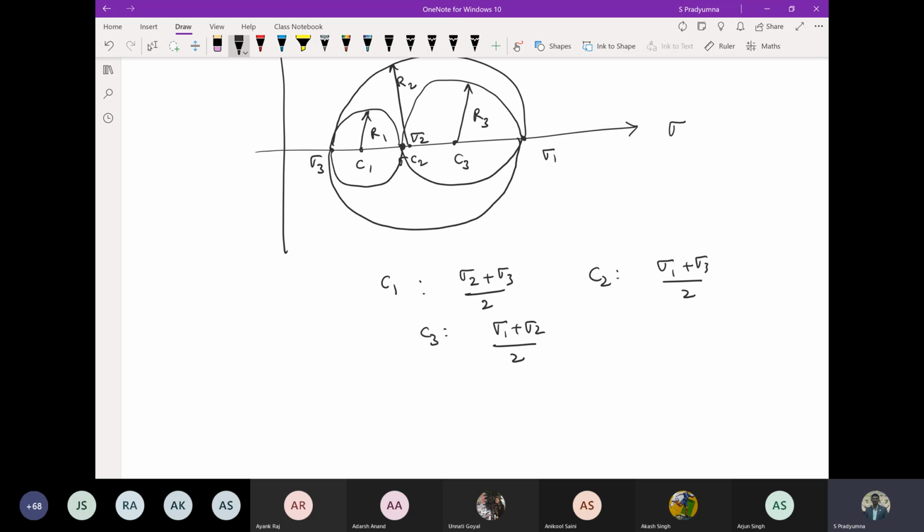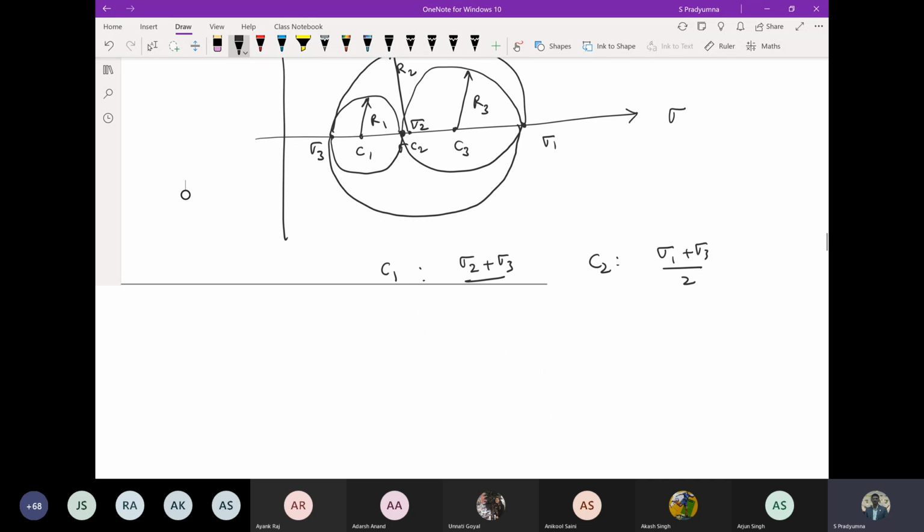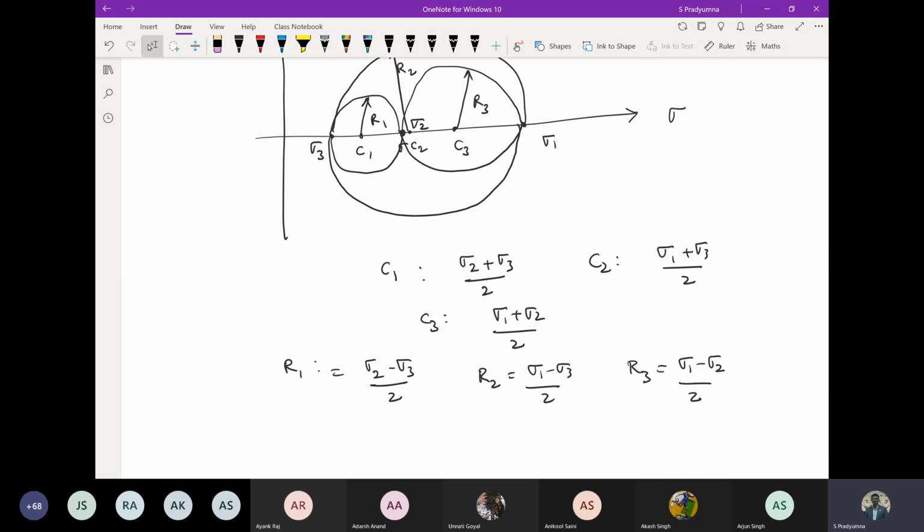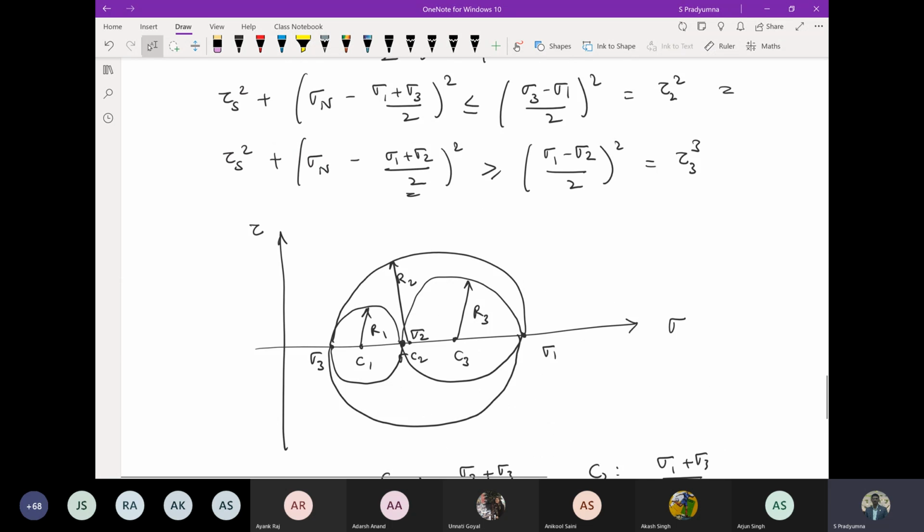And the radius R1 is equal to sigma 2 minus sigma 3 by 2. R2 is equal to sigma 1 minus sigma 3 by 2, and R3 is equal to sigma 1 minus sigma 2 by 2. Okay. So this is the representation of the principal stresses in the form of a circle.